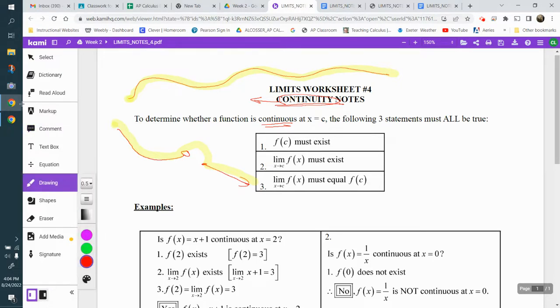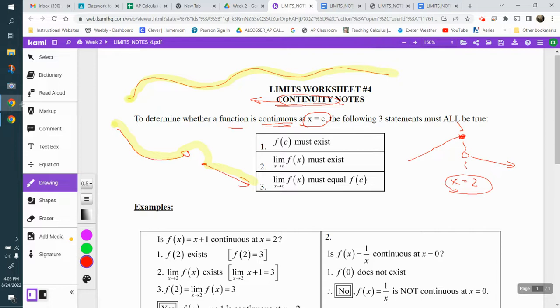But to prove a function is continuous at x equals c, in other words, if I had this function here and it went like this, and I had another line that went like this, and this was at x equals 2, then the idea is this: is this function continuous at x equals 2? That's what it's really saying.